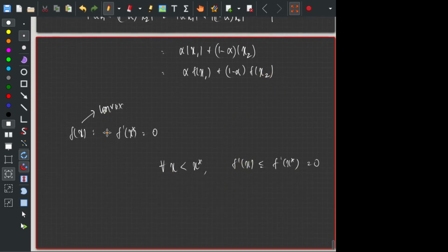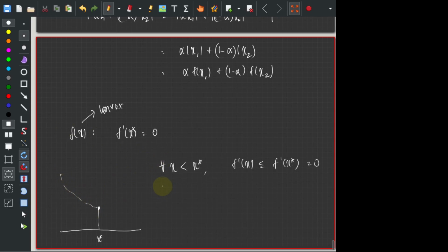So I take x, this is my x star. So for all x less than x star, it's a non-increasing function. It could be flat for all I know, but it's definitely non-increasing.